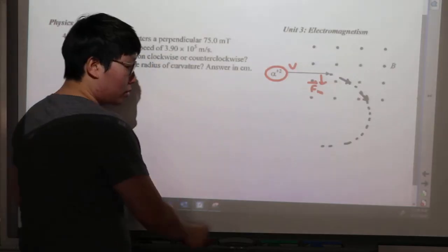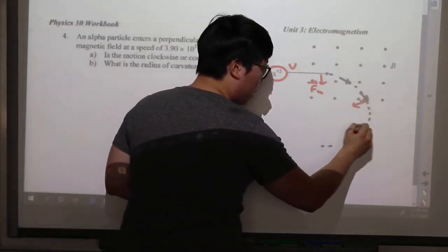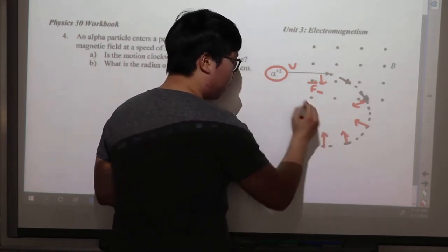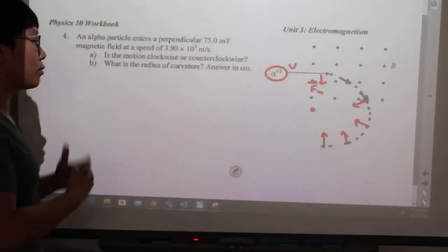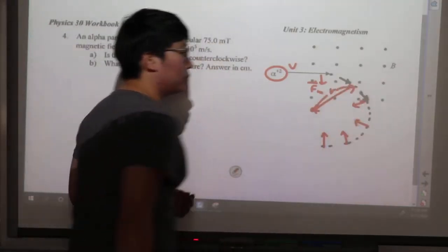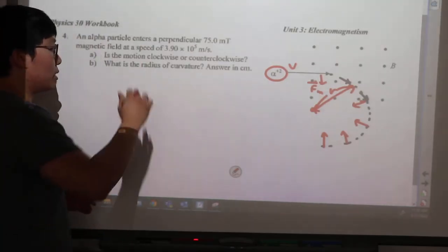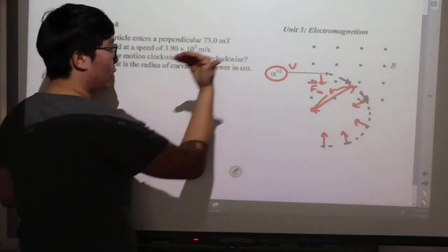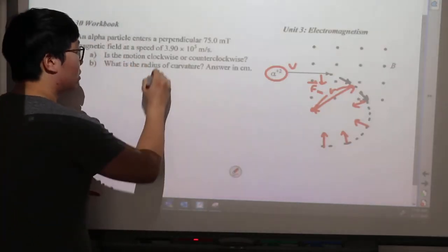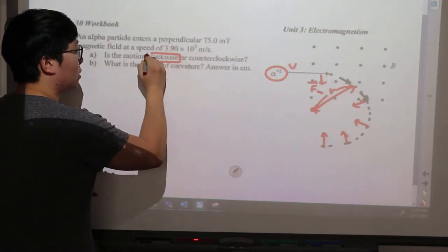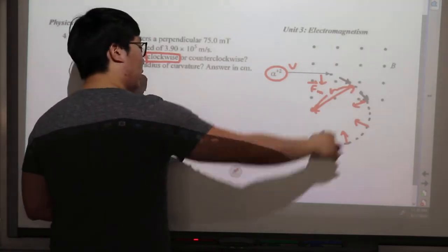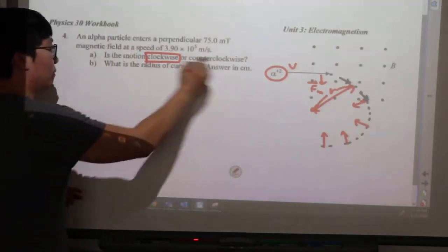At this point, you also need to understand that my force direction is going towards the center of the circle, and the question is basically asking about this R value. So first, is the motion clockwise or counterclockwise? Well, we have to use the right-hand rule because it's a positively charged subatomic particle. So it is clockwise. So A is done.